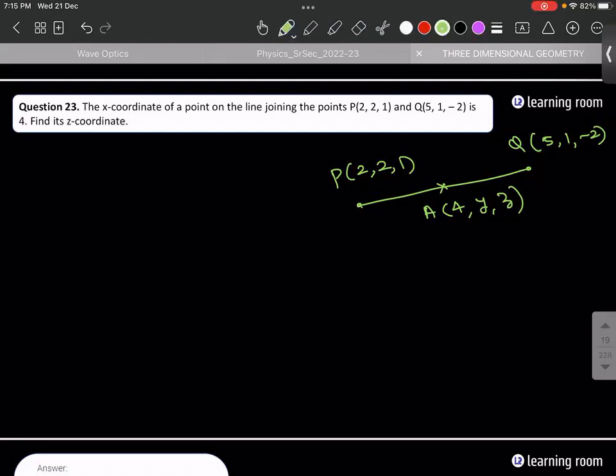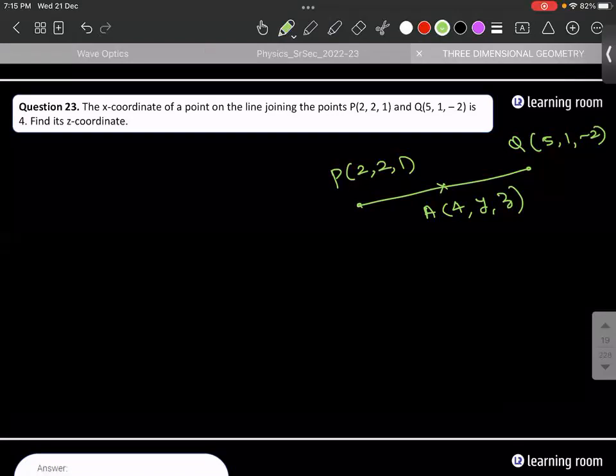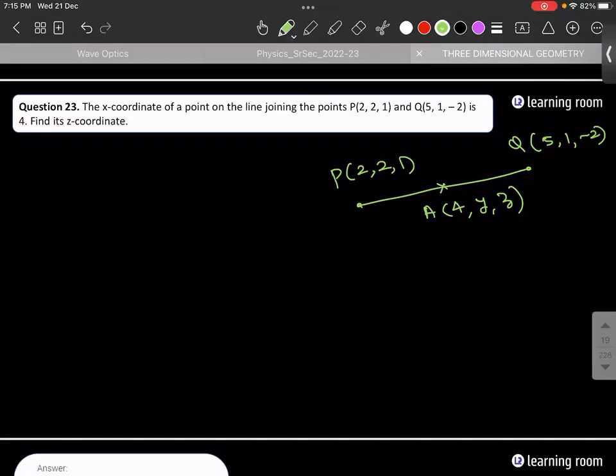When 3 points are collinear, what is the section formula? Why do you want to do the section formula? The area will be 0. What is the formula for the area of a triangle formed by points in 3-dimensional geometry?